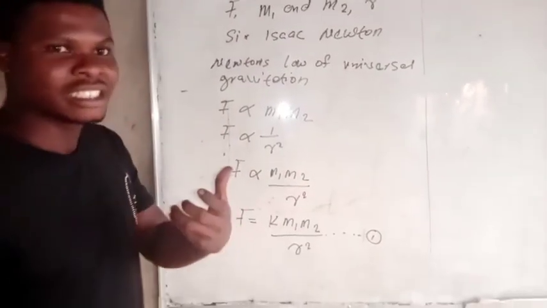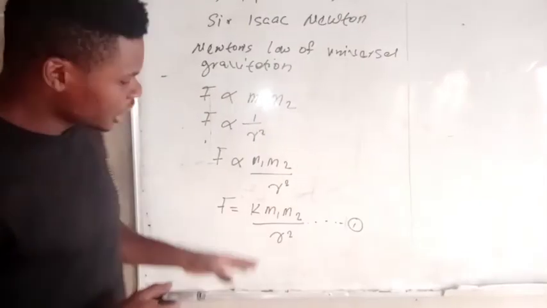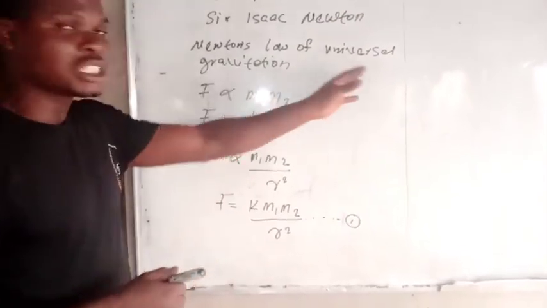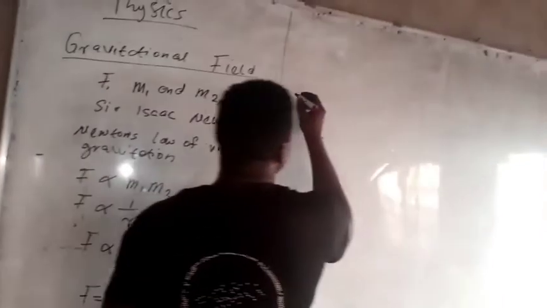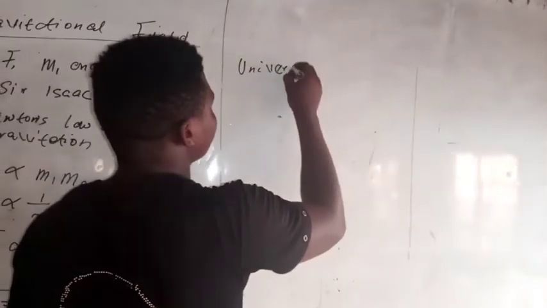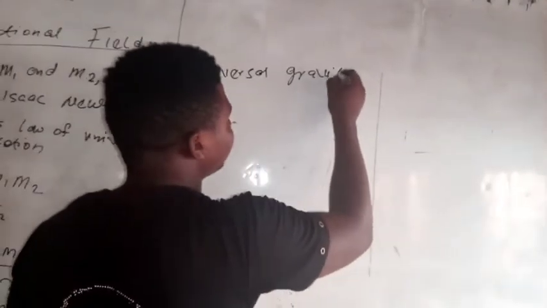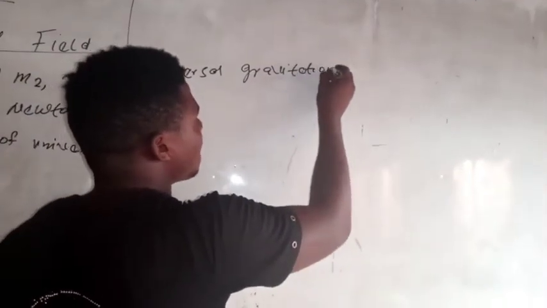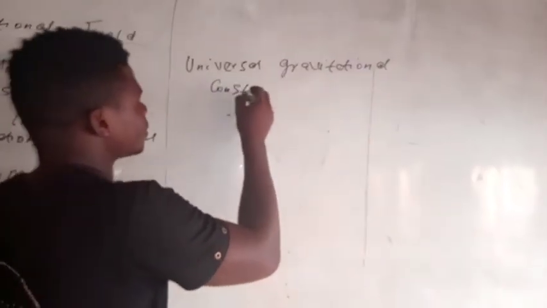Now, in physics, every constant has its own meaning. This constant of proportionality in Newton's law of universal gravitation represents a term which we refer to as the universal gravitational constant.